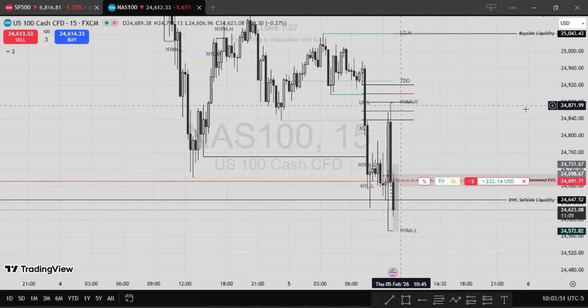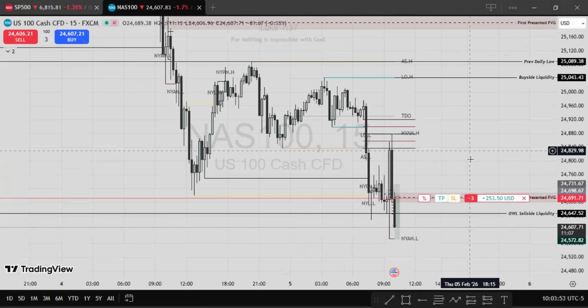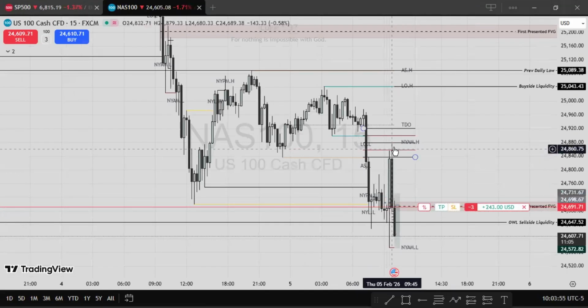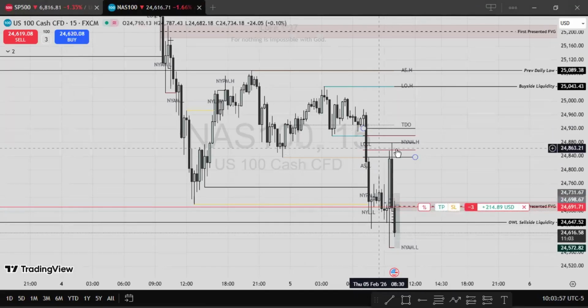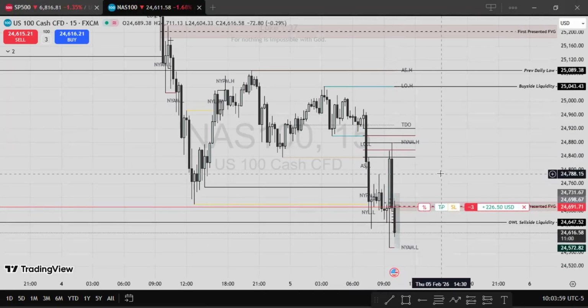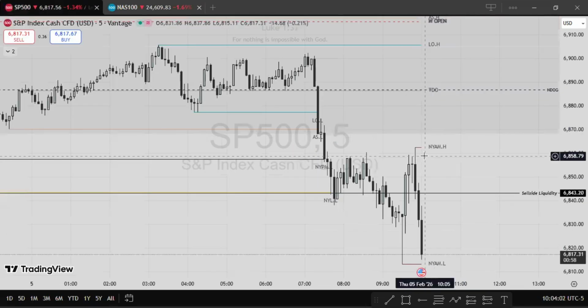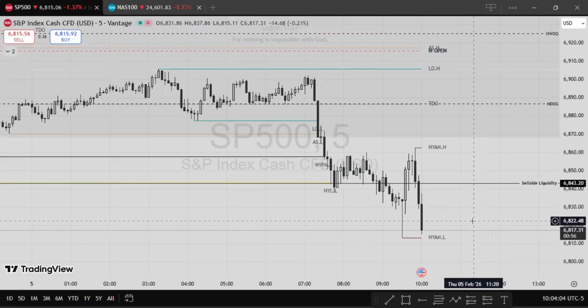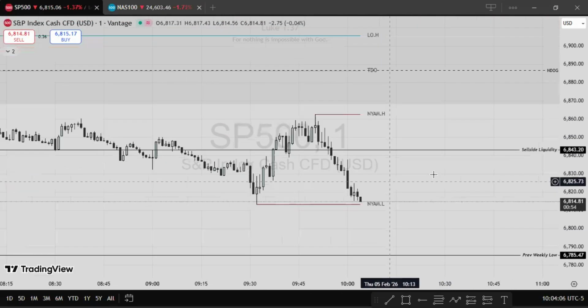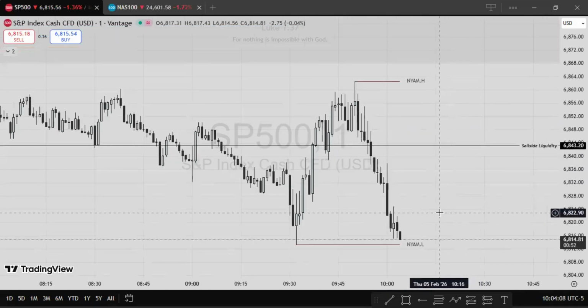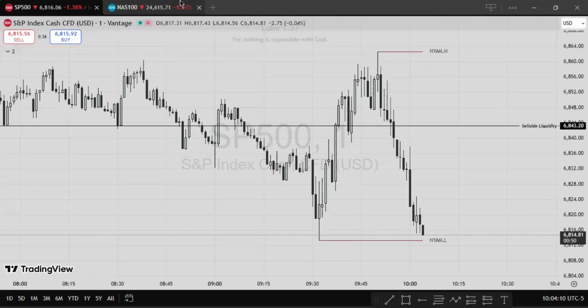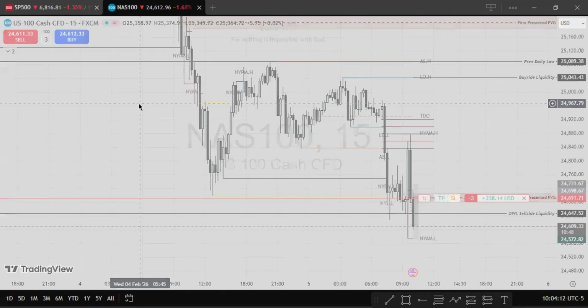This was a nice rejection that we got here. So we got the retracement to fill this inefficiency, and then we wanna see a continuation lower, just the way we wanted it. So I should also look at this. Looks like ES is gonna take that low first.